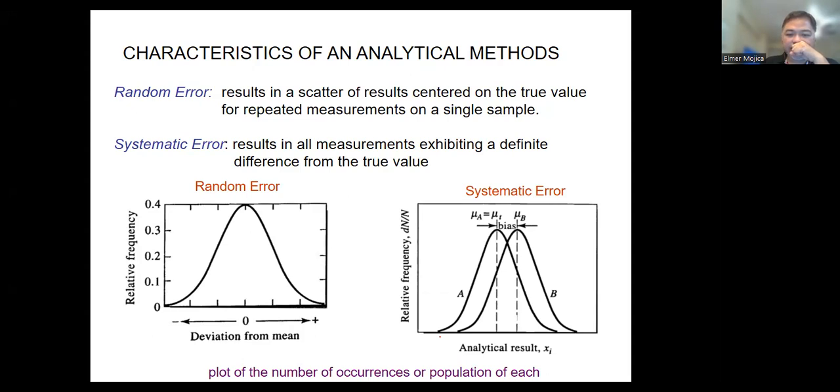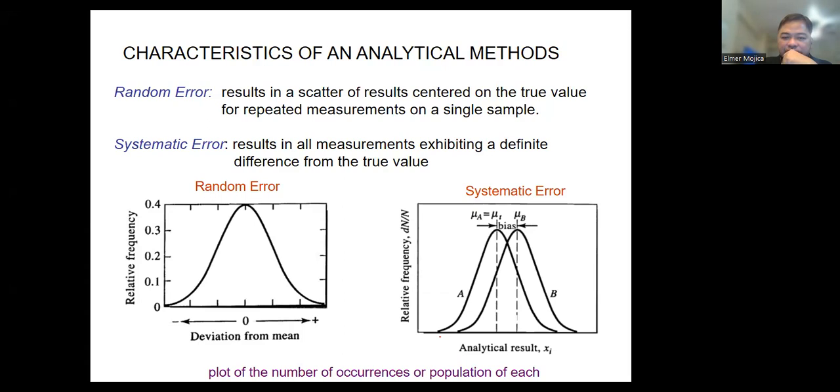Okay. So if you have what we call a random error, usually it can be due to matrix interferences, mechanical variation, electrical interferences, the variation of your detector, and some problems in your sample. Okay. Now compare it with the systematic error.